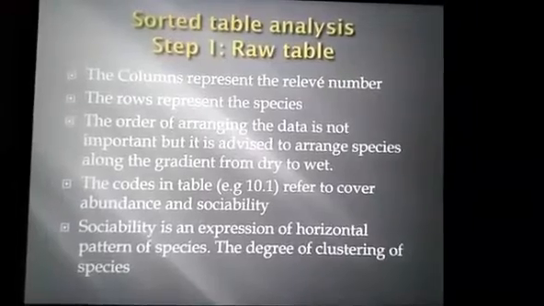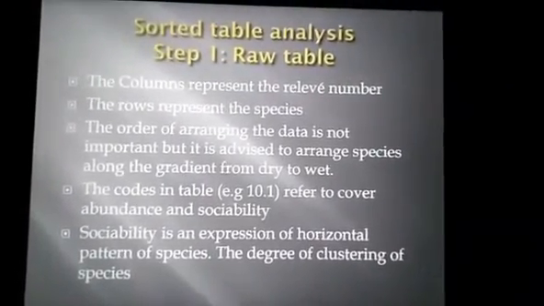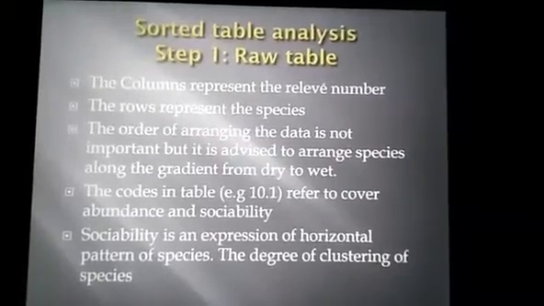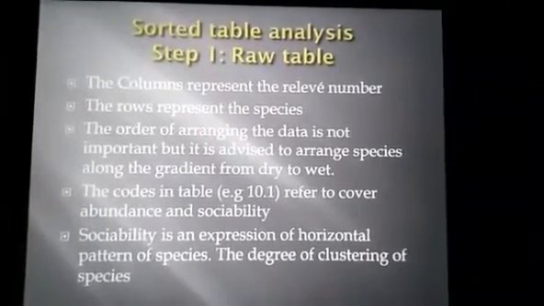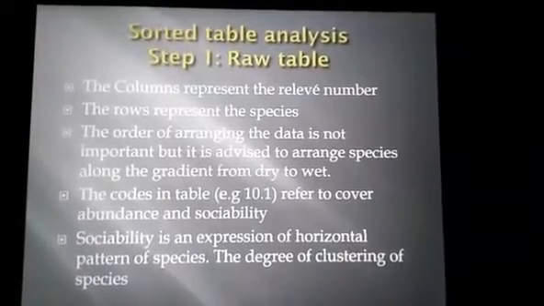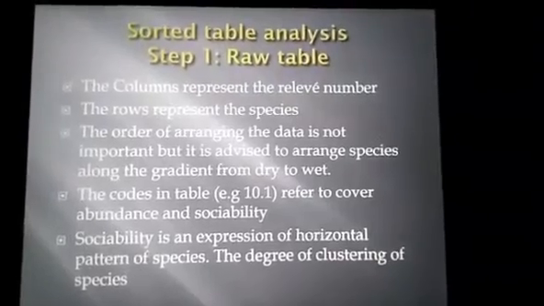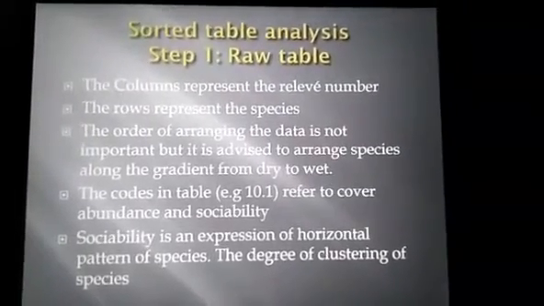The first step is the raw table. You find that we have the columns, which would be representing the relevé numbers, and then the rows representing the species, as you will see in the figure which will follow.